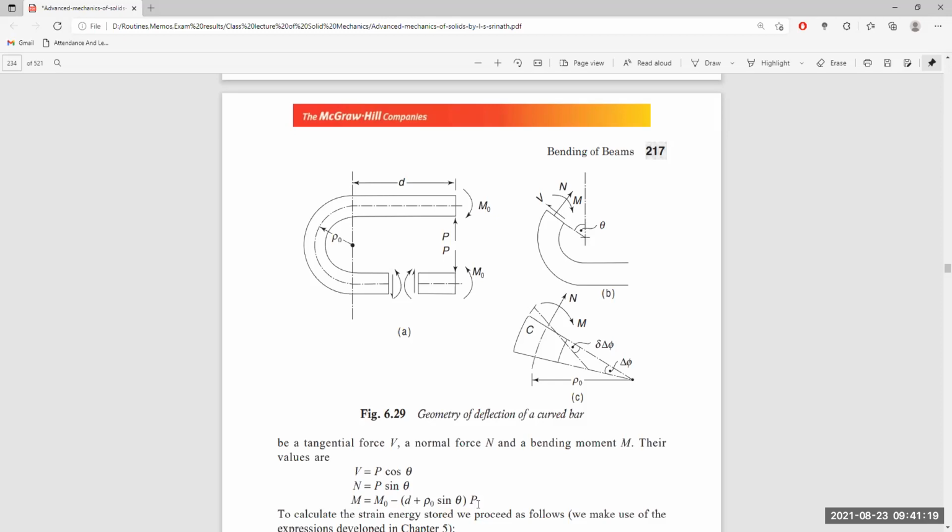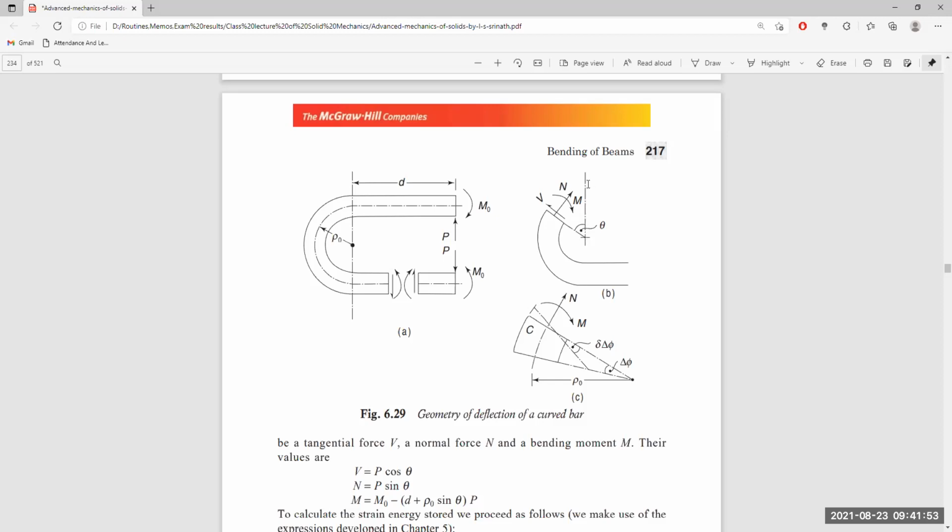Where D is the distance from the end to the start of the curvature itself, plus the distance from the CG to the center, that is D plus rho0 sin theta, because this is the angle.